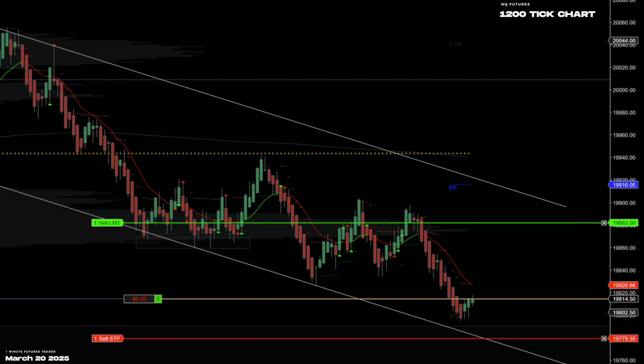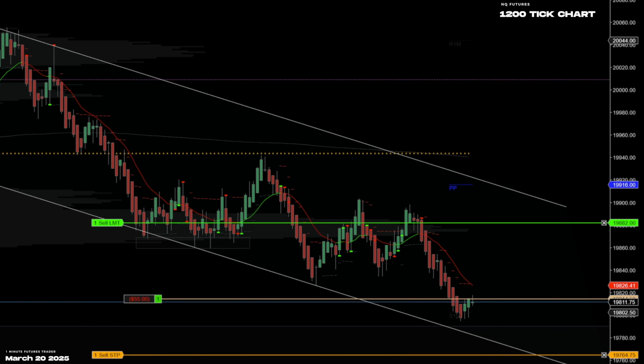So we got one entry here, long position, and I'm using a remote control. When I see the price is not respecting the prior low, that S1M level, then I will just kill this trade.